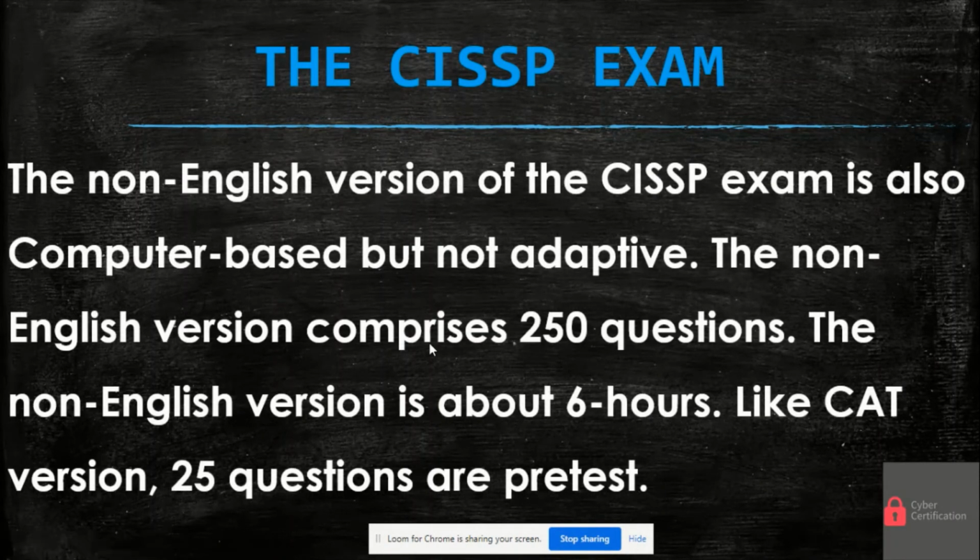The non-English version of the CISSP exam is also a computer-based exam, but not adaptive. The only difference between the English version and the non-English version is that the English version is a computer adaptive test, while the non-English version is just ordinary computer-based.